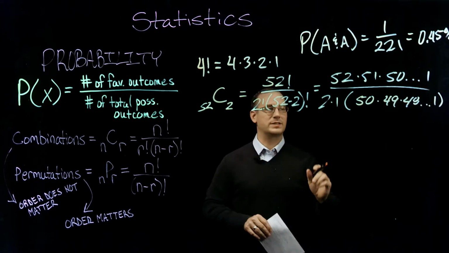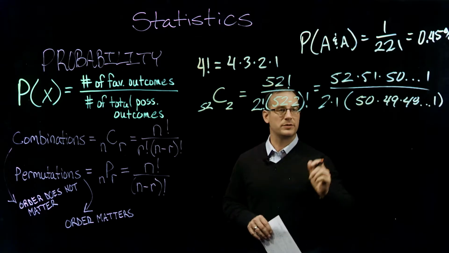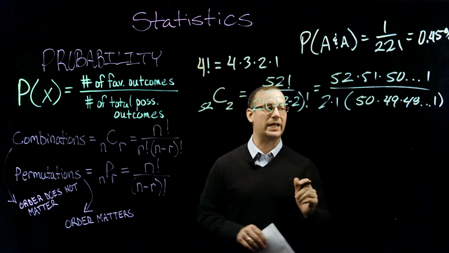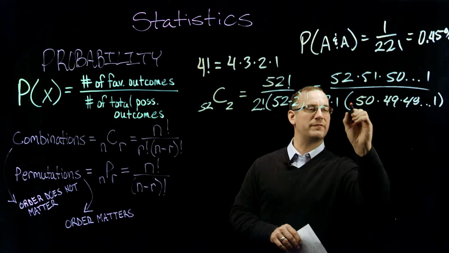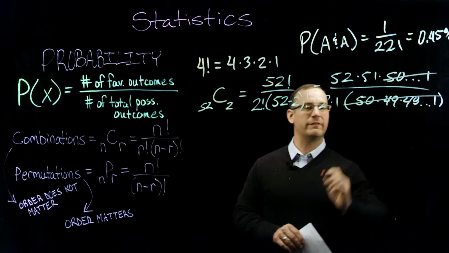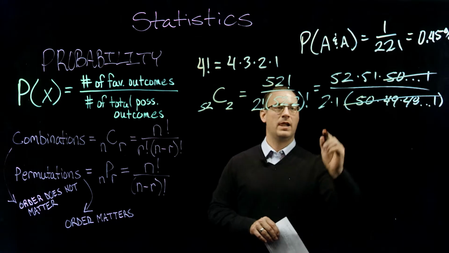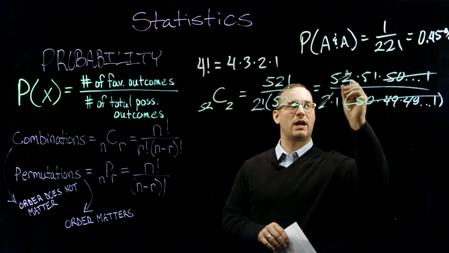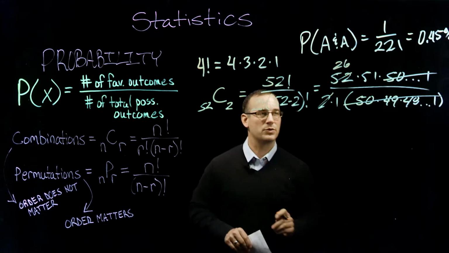In essence, we're just going to start canceling. The 50 factorial cancels out with the 50 factorial up here. The 2 cancels out with the 52 and gives us 26.